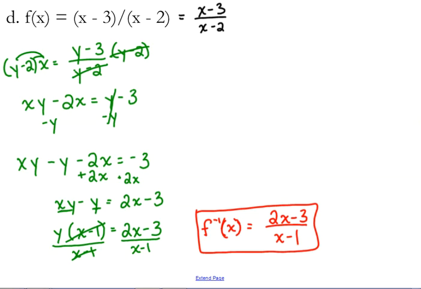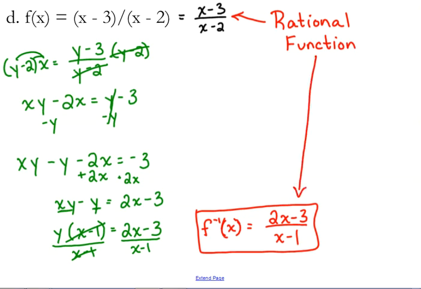So we have not covered these types of functions yet, but this is called a rational function. We will have an entire unit on it, but this is a rational function, and its inverse is also a rational function. It has the same form, just the numbers are in slightly different places.